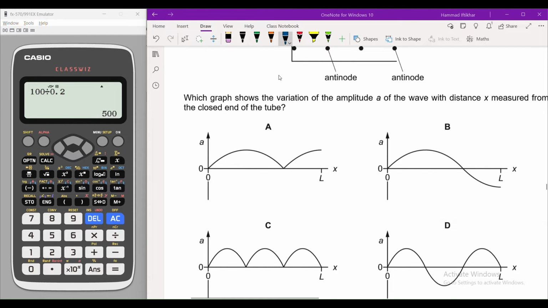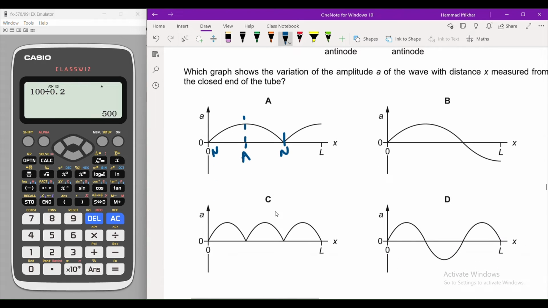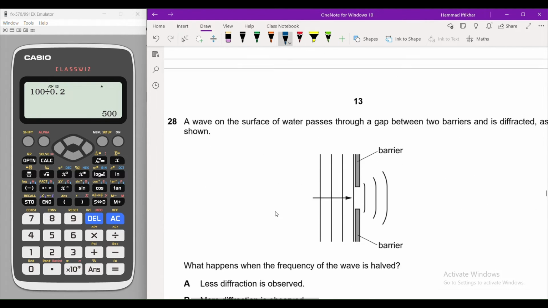So node is where it's zero, antinode it's where it's highest. Oh no, sorry, it's the other way around. So amplitude is just the highest at the antinode, then node over here, antinode over here. So amplitude doesn't go to zero because that's the maximum displacement. It's not the displacement.